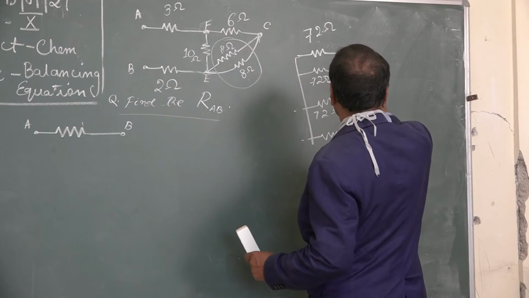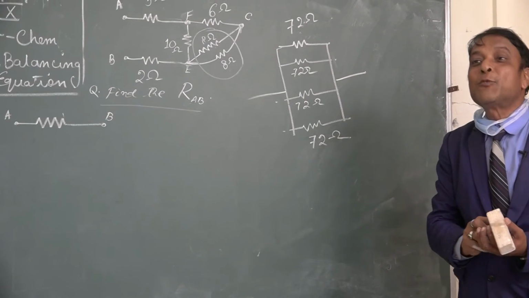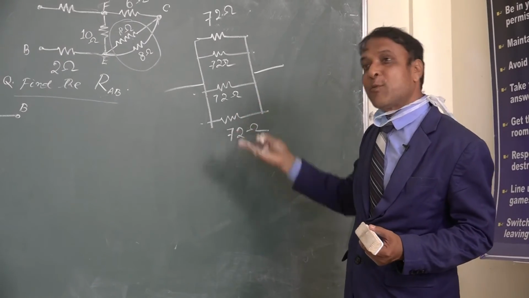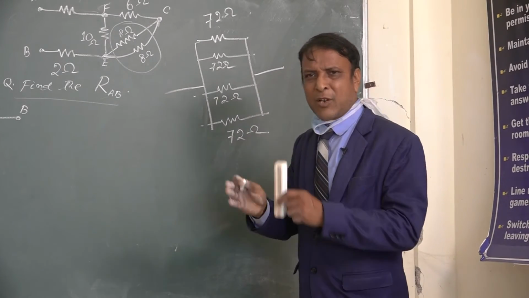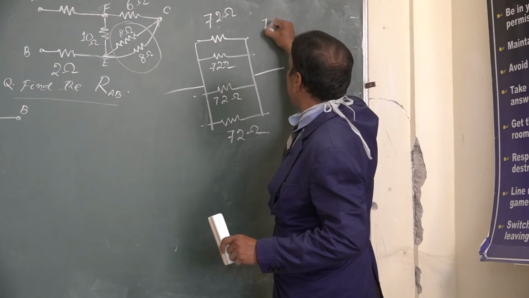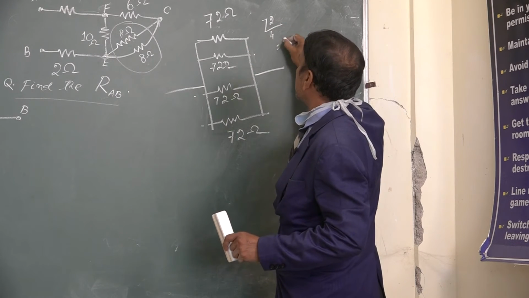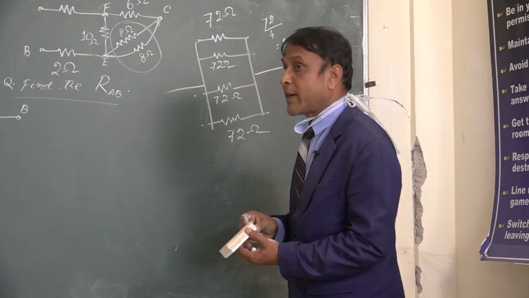Then what will be the total resistance of it? 72 by? How many resistors? 4. So instead of calculating in a lengthy way, directly, because all are the same, it is 72 by number of paths. Number of paths is 4. So this is equal to 18 ohm. It is the shortcut way.